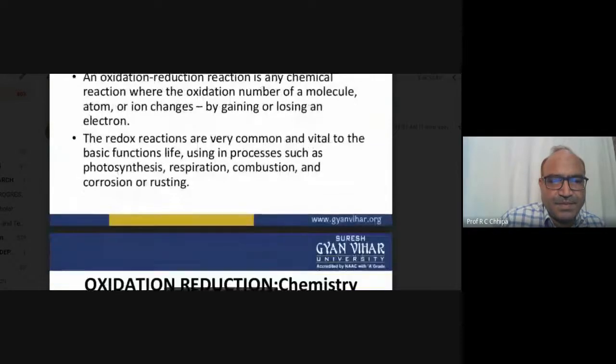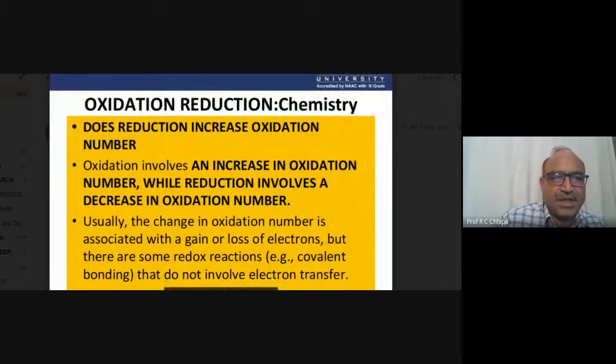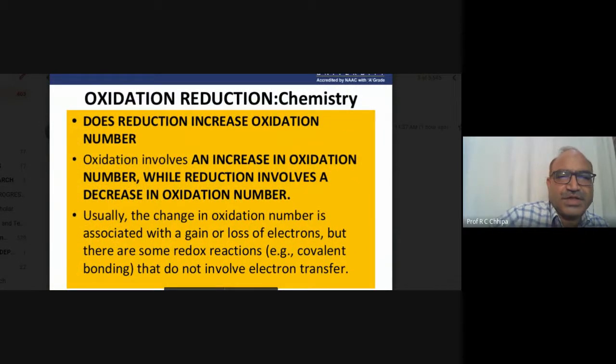Now we come to the simple way, oxidation and reduction. Oxidation involves an increase in oxidation number and reduction involves a decrease in oxidation number.